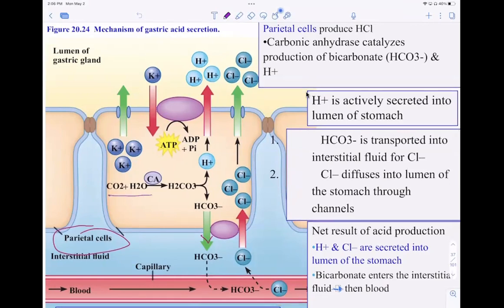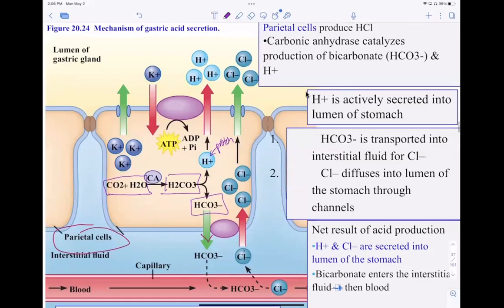But the way this acid is formed, what happens is you have carbon dioxide and water forming carbonic acid. So carbonic anhydrase is the enzyme that forms carbonic acid, then it dissociates into a proton and bicarbonate. And bicarbonate's an anion, and so there's this anion swap with chloride.